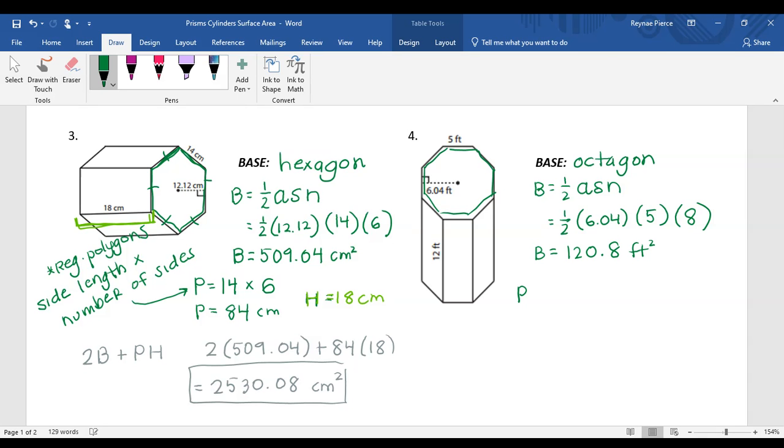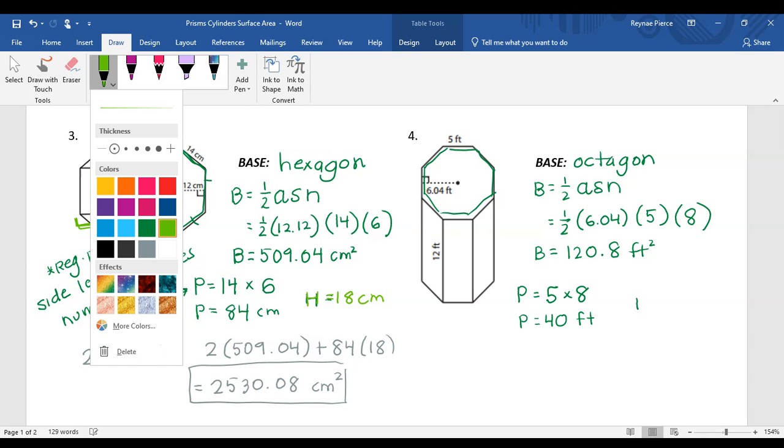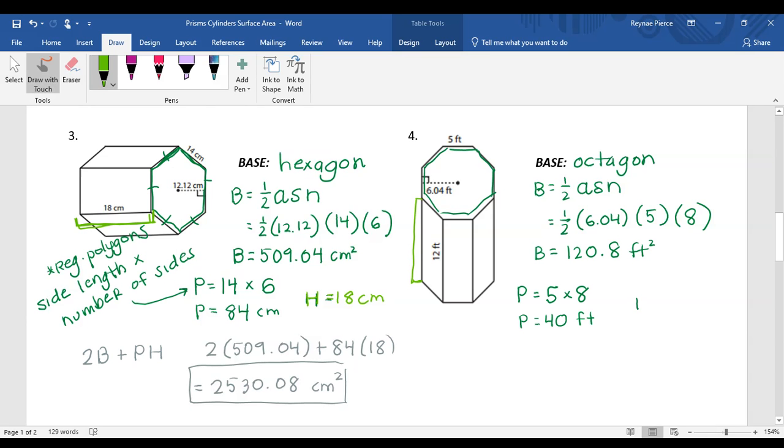Remember, to find the perimeter of a regular polygon, we take that side length times the number of sides. So our perimeter of this octagon is 40 feet. And then the height, you need to ask yourself, how far apart are the 2 octagons? Okay, and I know it's hard to tell, but the bottom is also an octagon. So those 2 bases are 12 feet apart.